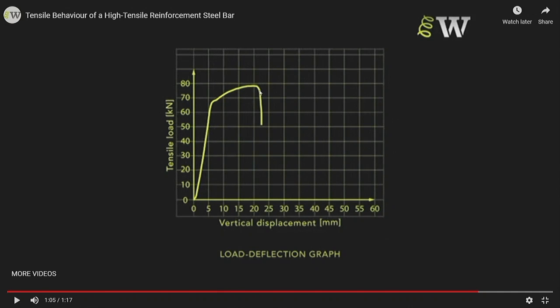This one is much lower displacement, so it failed at about 1/3 of the mild steel specimen, but the load capacity is higher than the mild steel. So when you make steel high tensile strength, when you increase its strength, you increase the carbon content of the steel. And increasing carbon content makes it much more brittle as well. And that's what happened. So it fails at a much lower displacement.